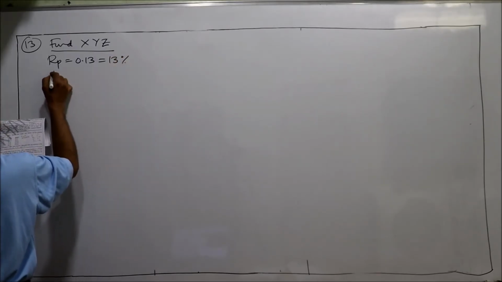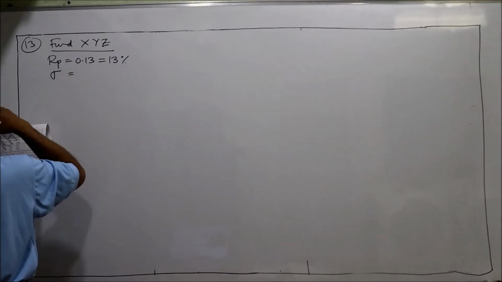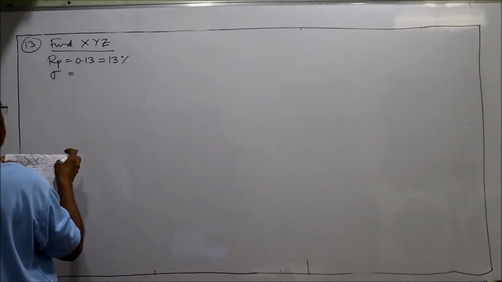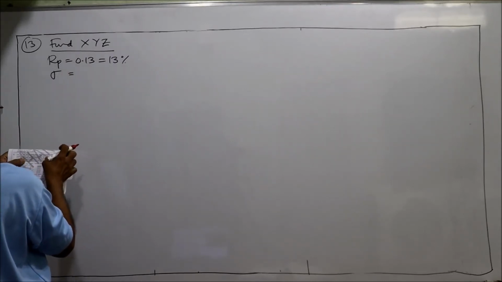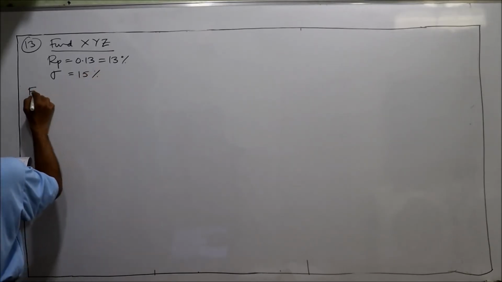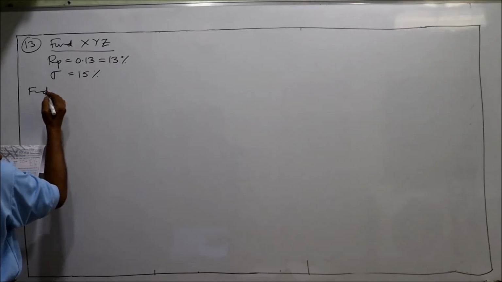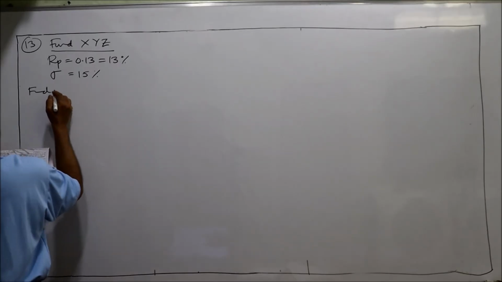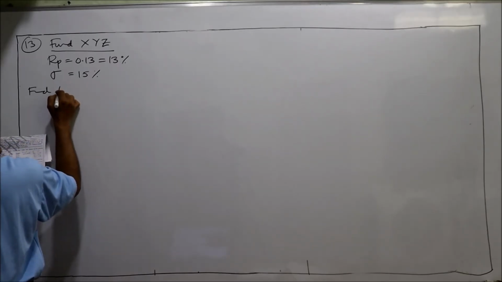Then standard deviation. The standard deviation of this fund is the respective standard deviation of 15%. And fund ABC.